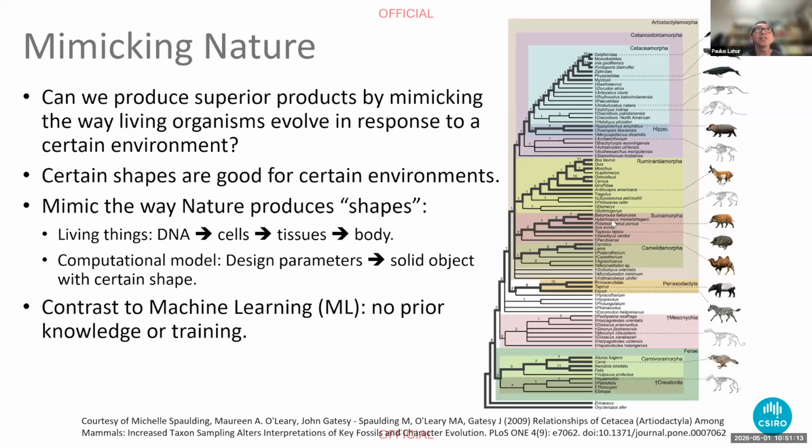So certain shapes are good for certain environments. So we want to try to mimic the way nature produces shapes here, because the idea is we want to come up with superior products by mimicking the way evolution actually works.